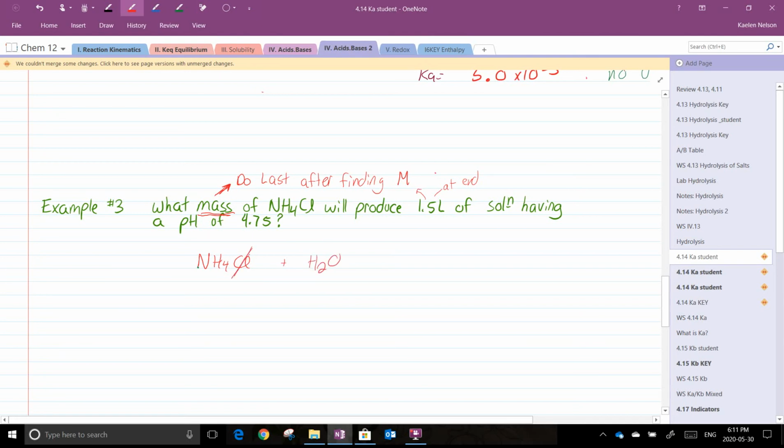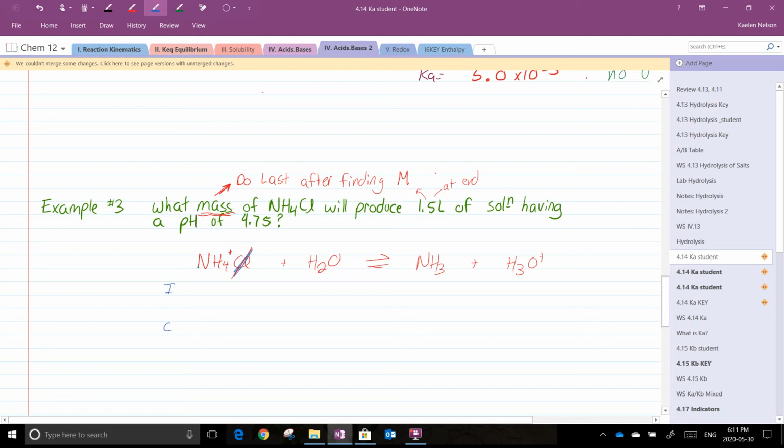Chlorine is a spectator, so really what I have is NH4 plus. So this will make NH3 plus H3O plus. Okay, so a little bit of our hydrolysis unit coming into play there, noticing that Cl minus is a spectator.